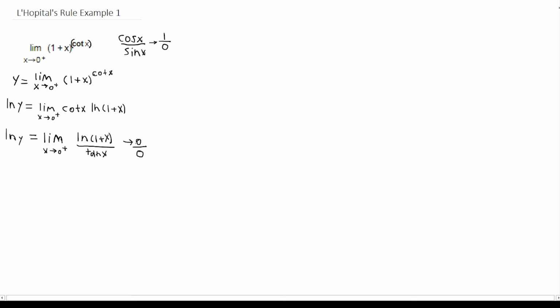Now that we have this indeterminate form, we can use L'Hopital's rule to evaluate the limit.